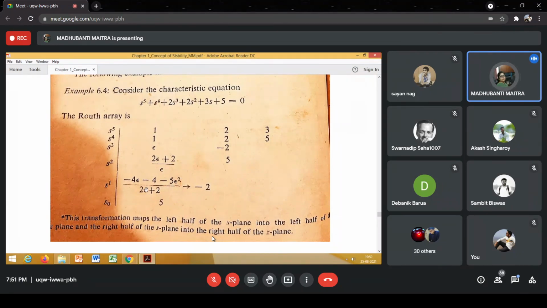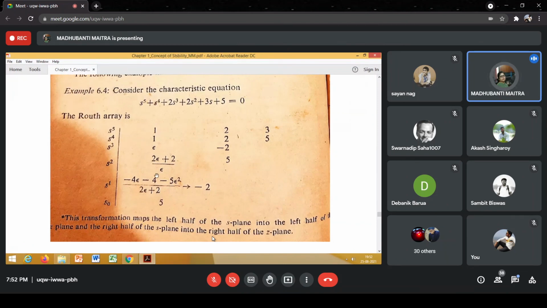In the denominator again, this 2 epsilon can be neglected with respect to the term 2. So in the numerator we are left with minus 4, and in the denominator we are left with plus 2.